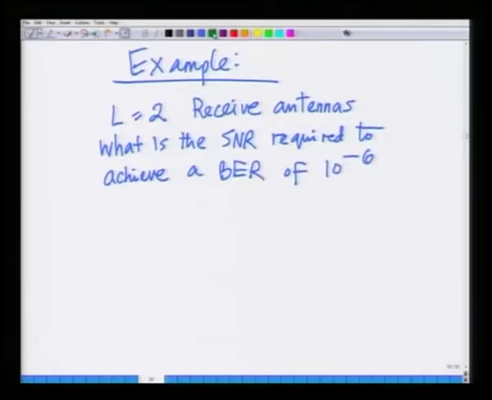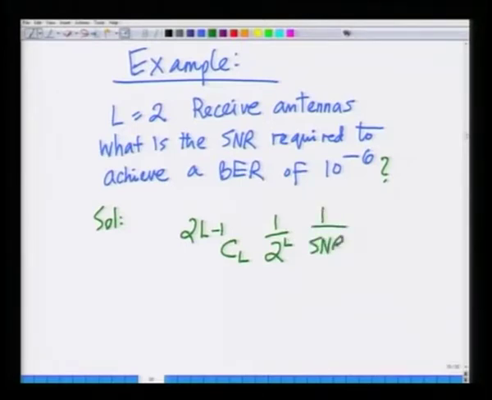What is the SNR required to achieve a bit error rate of 10 power minus 6 in this wireless system with 2 receive antennas? From what you have seen previously, the bit error rate at high SNR is 2 L minus 1, choose L, 1 over 2 to the power of L, 1 over SNR to the power of L.